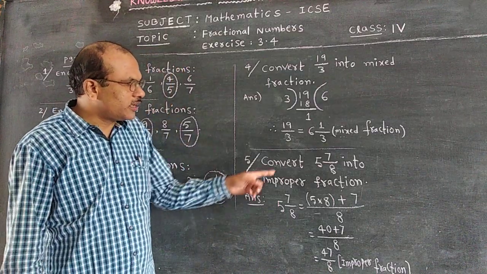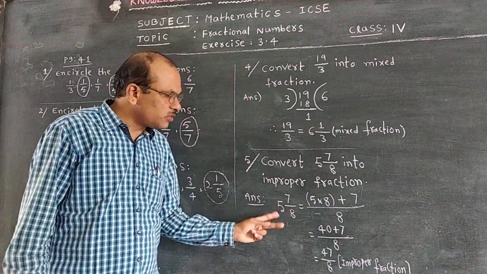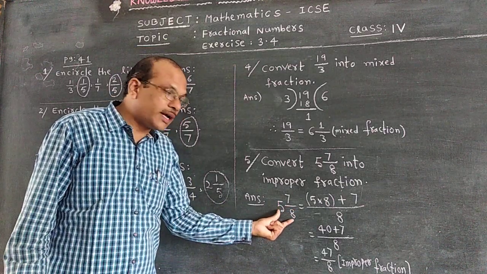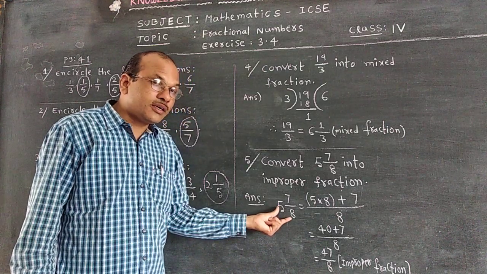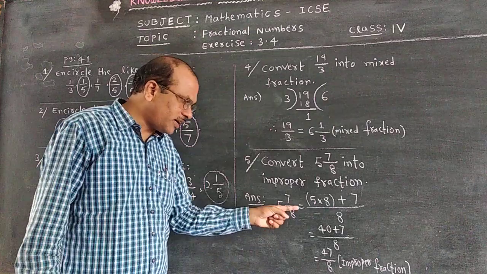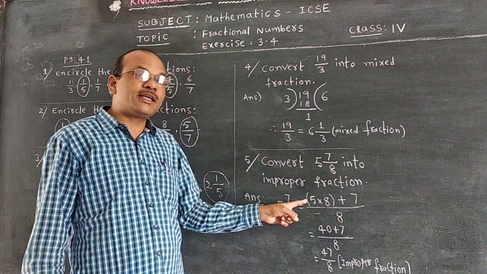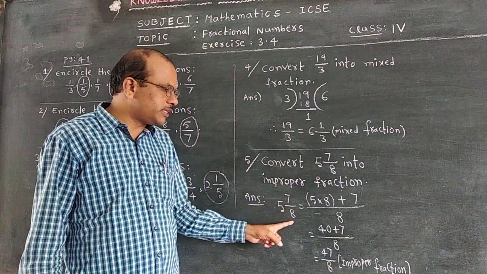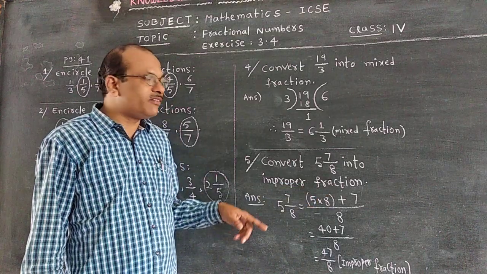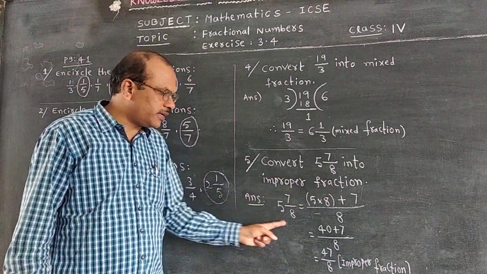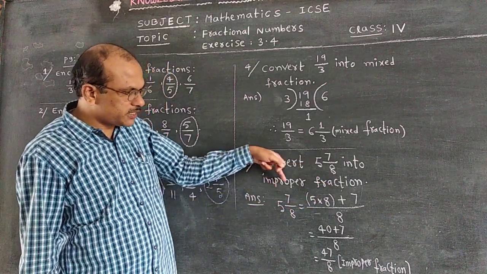Now see children, the given question 5 7 by 8 is equal to this: 5 and 8 I have arranged in a bracket. In the numerator part I have drawn a divide by symbol. In the numerator I have arranged a bracket. 5 into 8 is written within the bracket, plus that 7 which is in the numerator part.